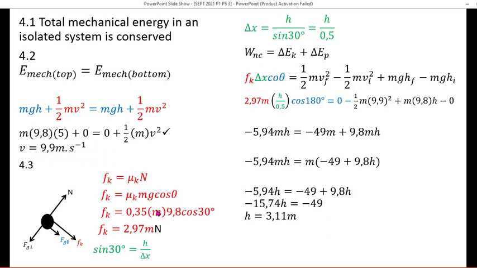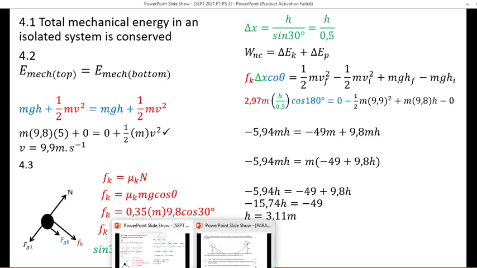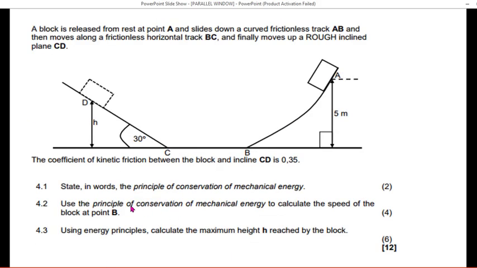And then let's look at the next question, which is 4.3. Using energy principles, calculate the maximum height h reached by the block. Now, what we need to take note of is that normally they will tell you to use energy principles.